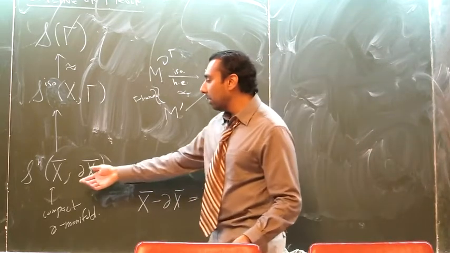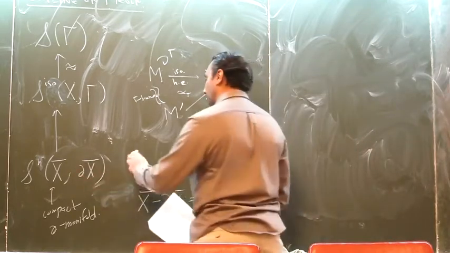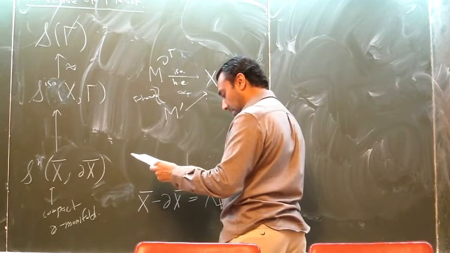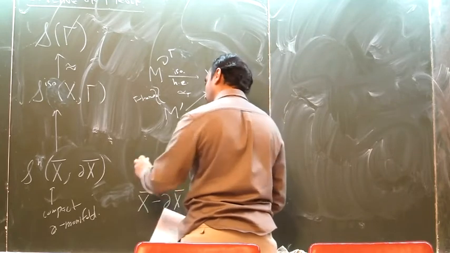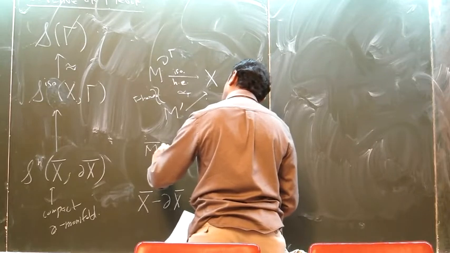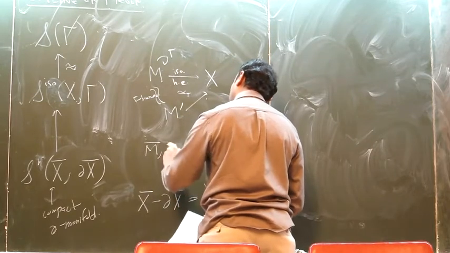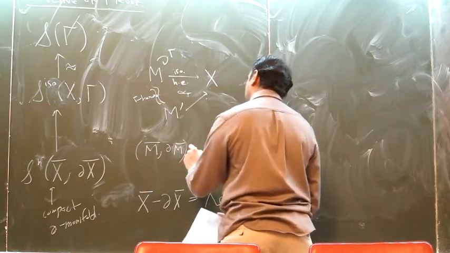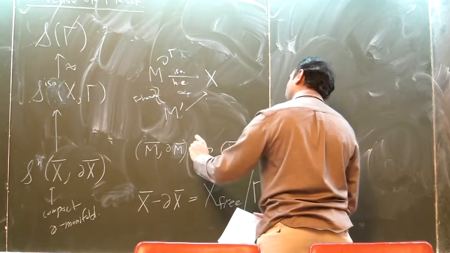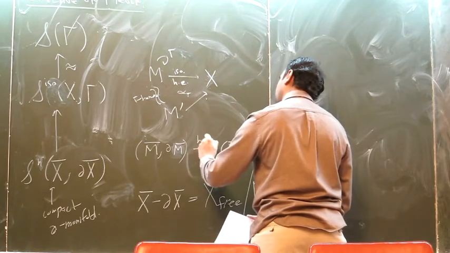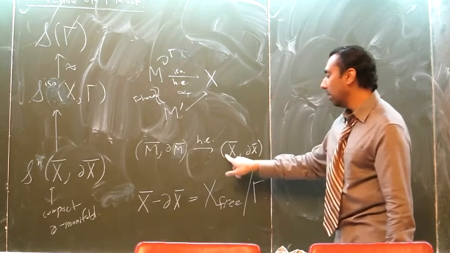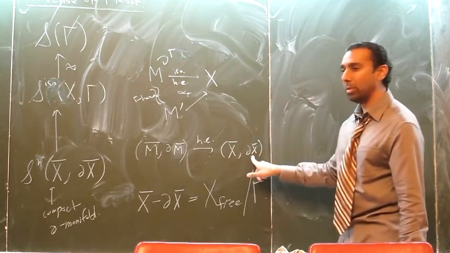This mapping here consists of all manifolds M bar with boundary, and there's a map of pairs to this pair, and this is a homotopy equivalence of pairs. Meaning a homotopy equivalence from here to here that takes the boundary to here by homotopy equivalence.